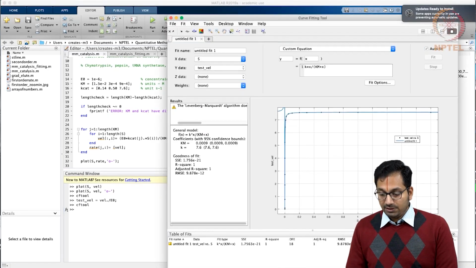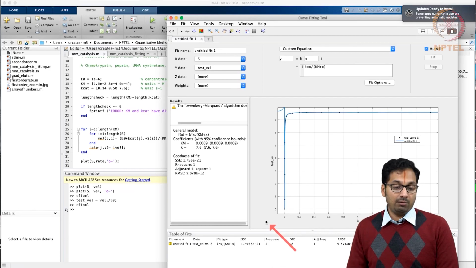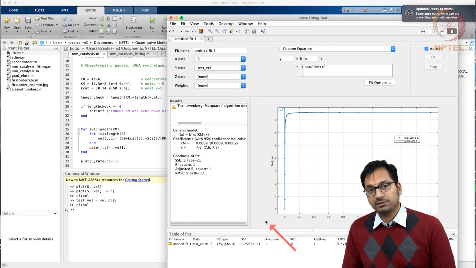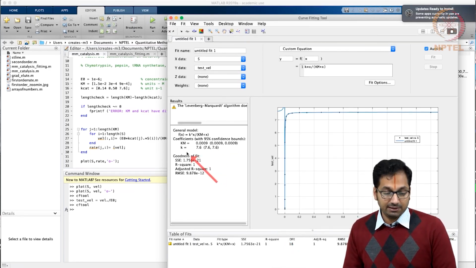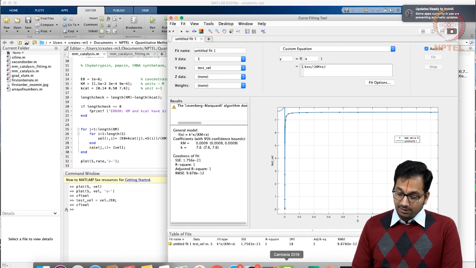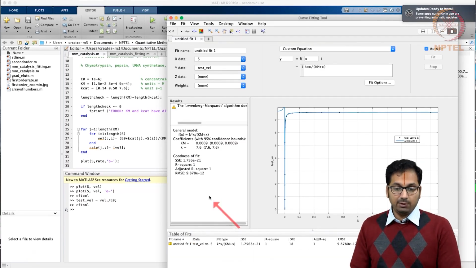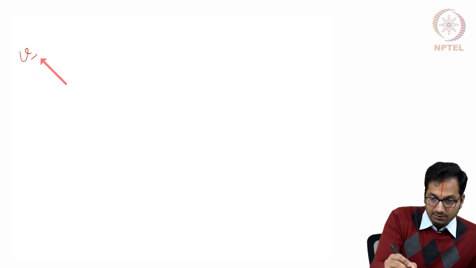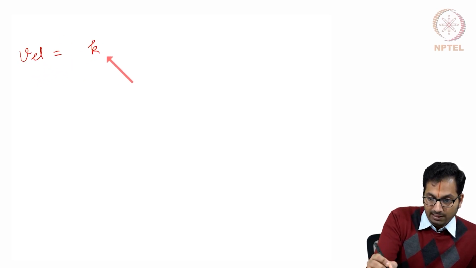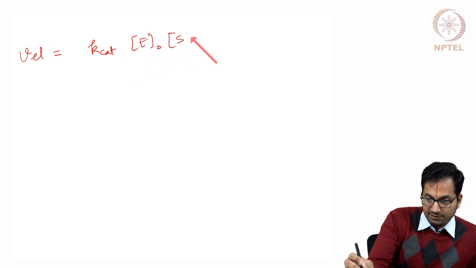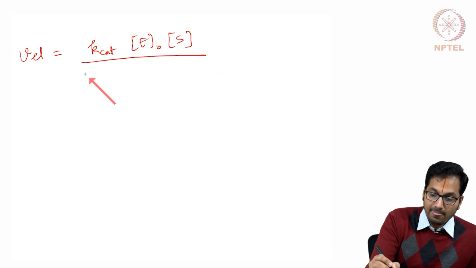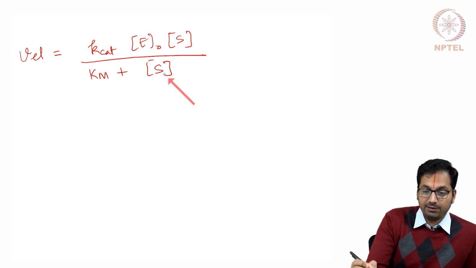So now that we have seen this, we will try to see how the 1 over velocity when plotted with 1 over substrate concentration might help us get this. In order to do that, let us recollect what is the equation that is involved. So we have velocity is equal to Kcat times E0 times substrate concentration divided by Km plus S. This is the Michaelis Menten equation.